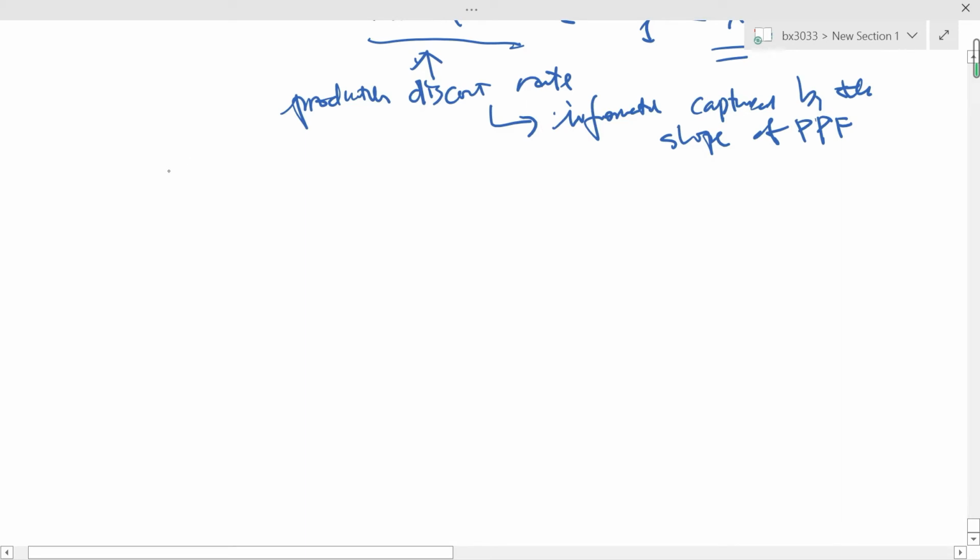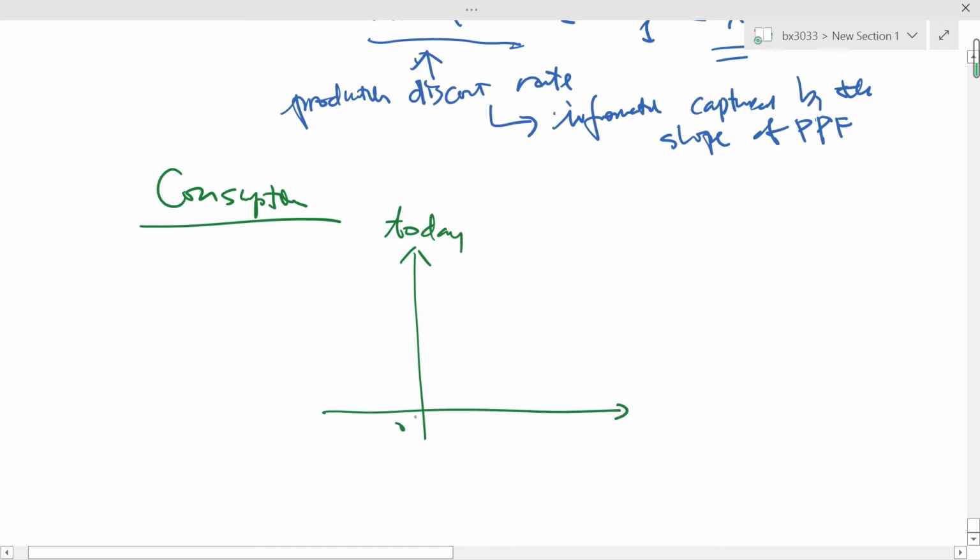Let's look at the consumption side. This is today's goods and services, tomorrow. And I'm going to randomly pick one point. Let's call this point A. That means today I'm going to consume this many goods and services, tomorrow this many.